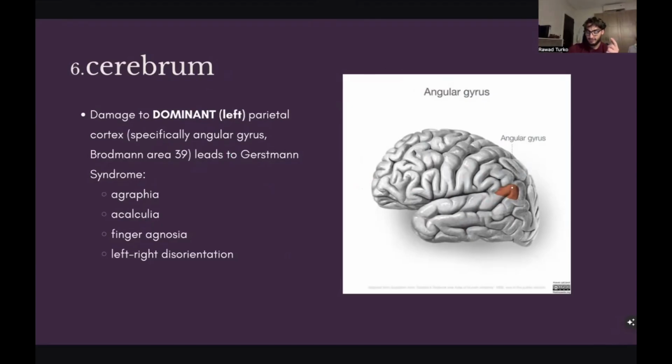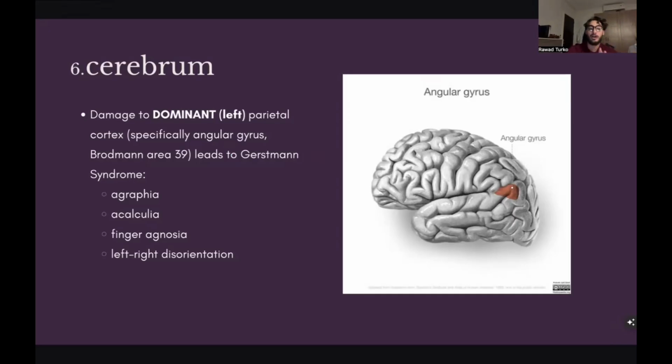So finger agnosia, they're not able to know which finger, like for example, they can't point to a finger and tell you this is my middle finger, this is my index finger, whatever. Acalculia, they're not able to do any calculations. Agraphia, they're unable to write, and left-right disorientation, obviously they can't tell the difference between their left side and their right side. Now this is a dominant lesion.